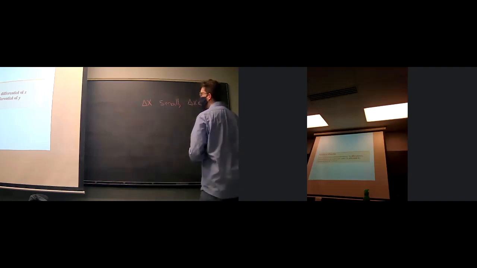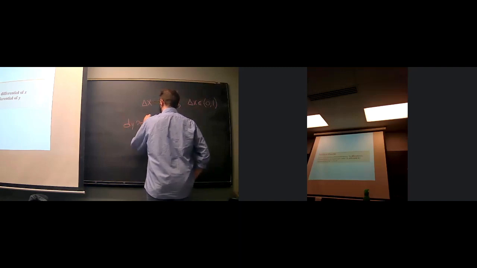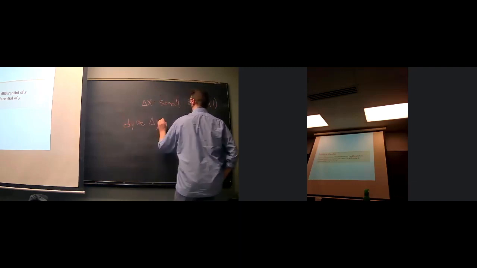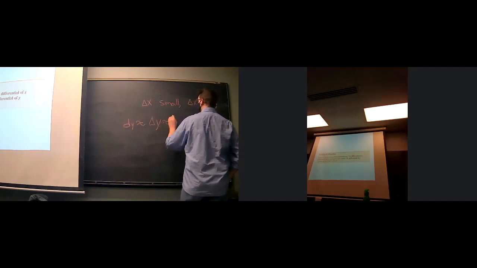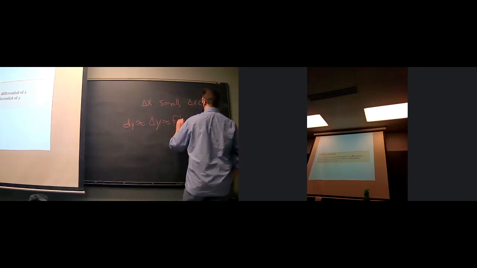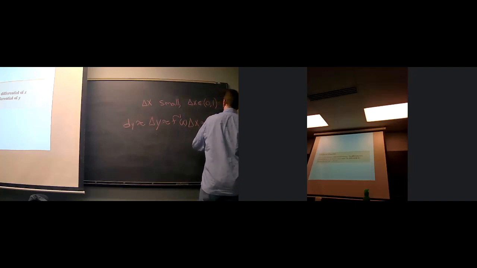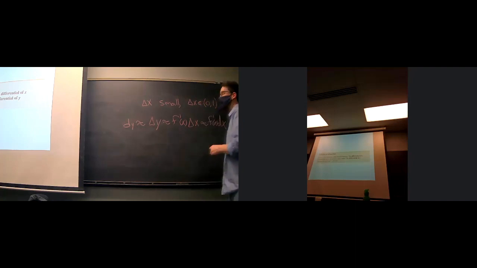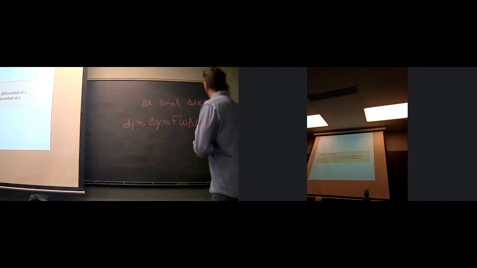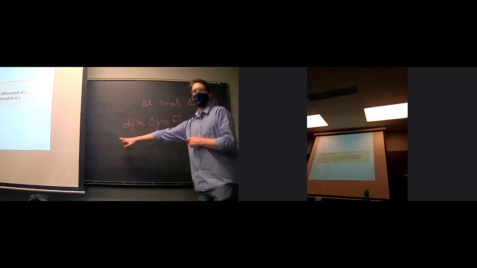I'm trying to come up with the most concise way of writing this. Okay, do this. So for really, really small changes in x, all of these things are approximately equal to each other.